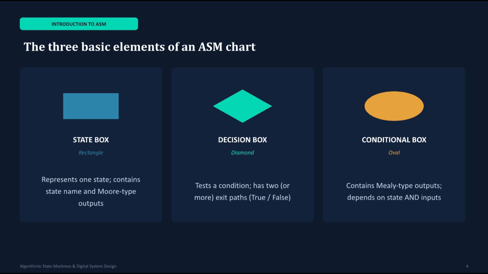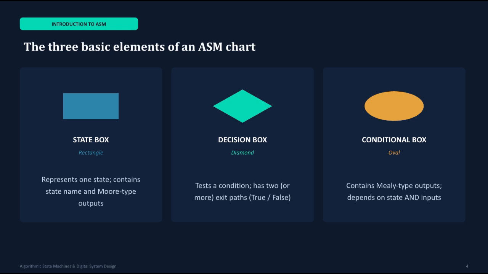It tests a condition and has two, or occasionally more, exit paths, true and false. And the conditional box is an oval. It contains Mealy type outputs, meaning outputs that depend on both the state and the current inputs. If you remember nothing else from this slide, remember this. Rectangles are states, diamonds are decisions, and ovals are conditional Mealy outputs that only fire when a decision's condition is satisfied.